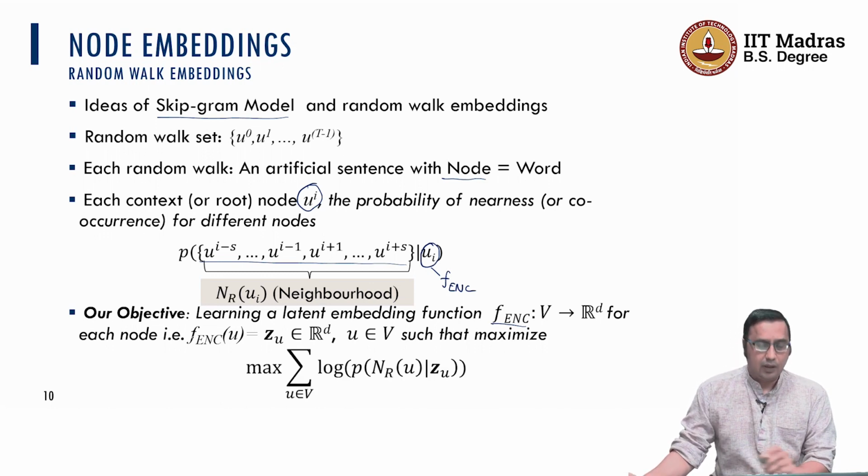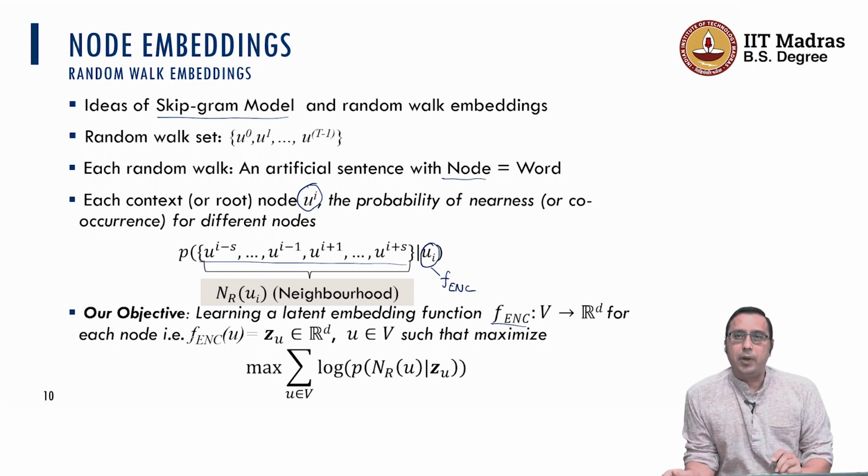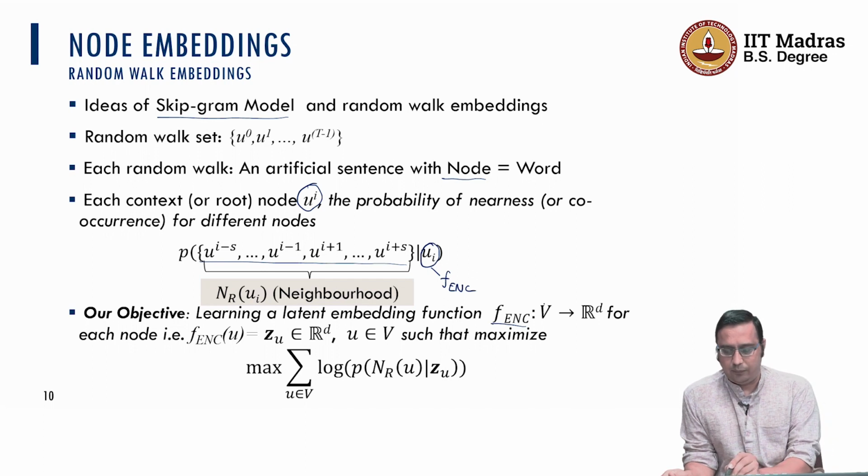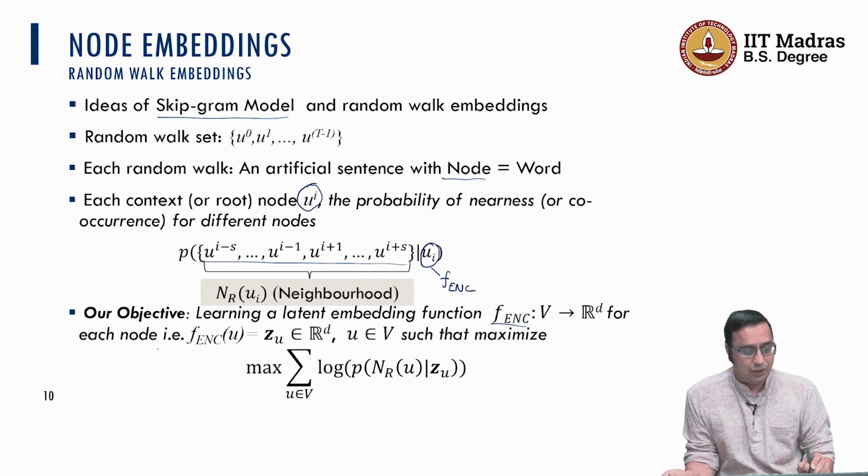Can we pose the problem of finding embeddings using random walks as follows? We are interested in learning a latent embedding function f from V to R^d for each node.